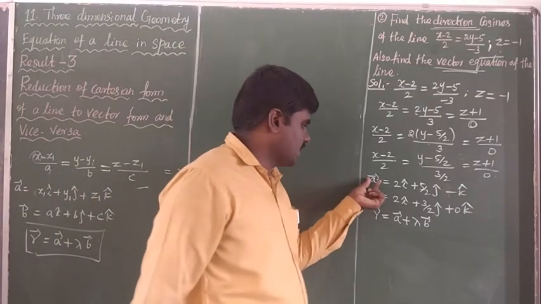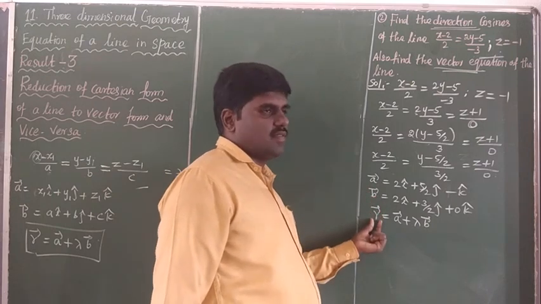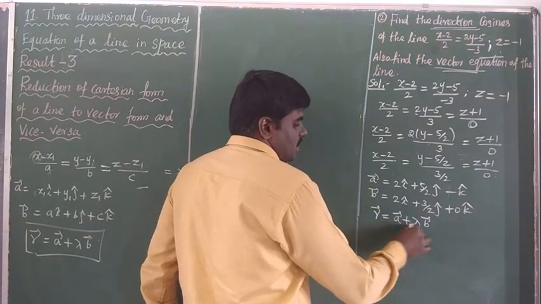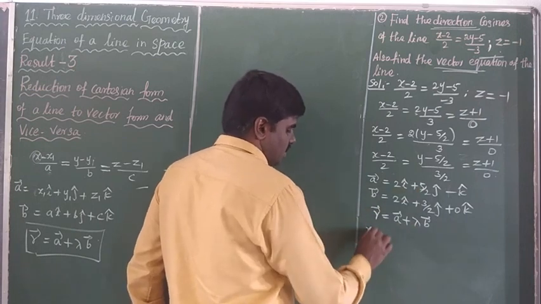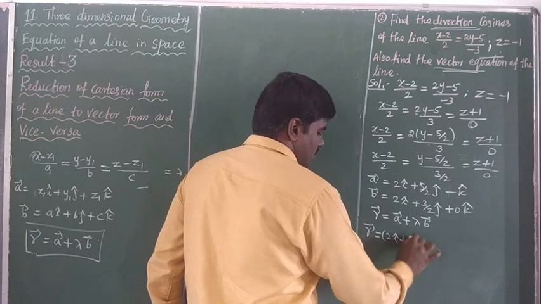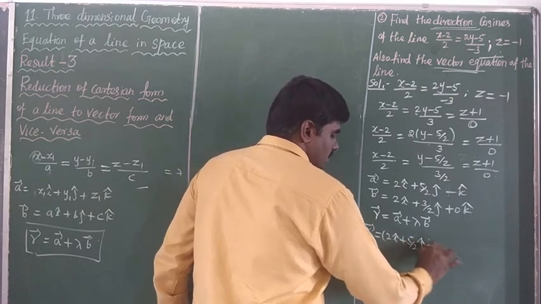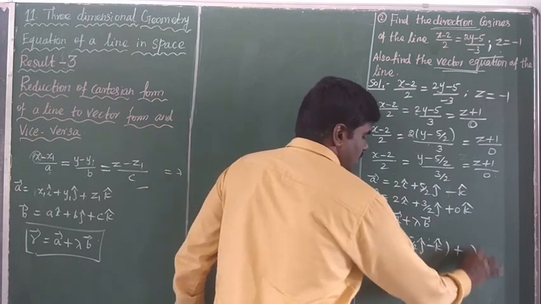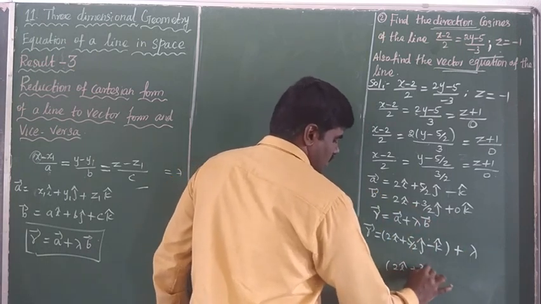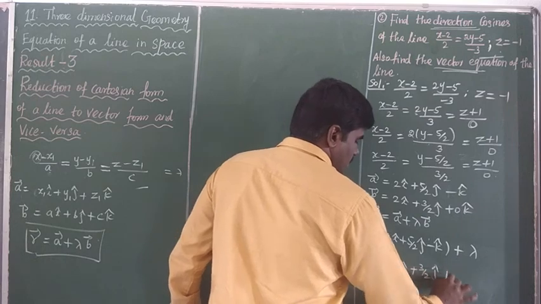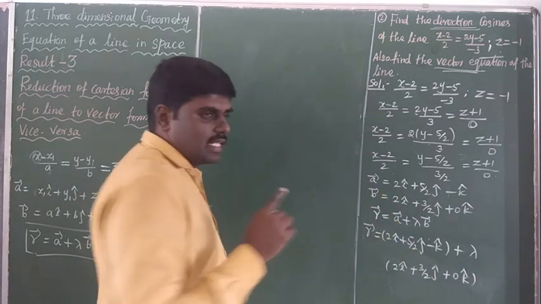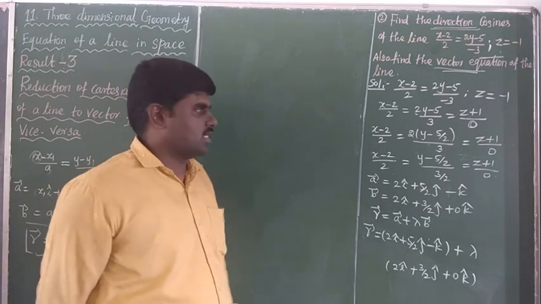So what's the vector form? R vector is equal to A vector plus lambda B vector. Substituting the values, R vector is equal to 2 i cap plus 5 by 2 j cap minus k cap plus lambda into B vector, where B vector is 2 i cap plus 3 by 2 j cap plus 0 k. So this is the vector equation of the straight line.